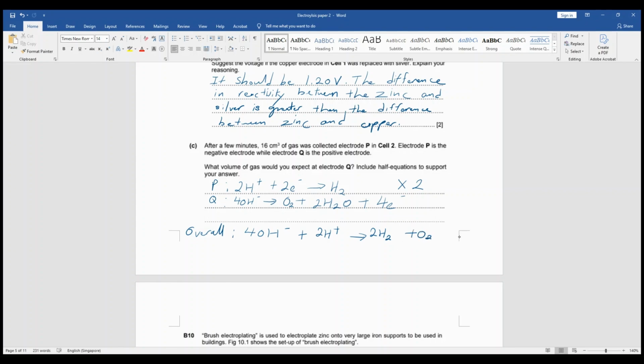Then you plus 2H2O. So you can see that the mole ratio of H2 to O2 is 2 to 1.